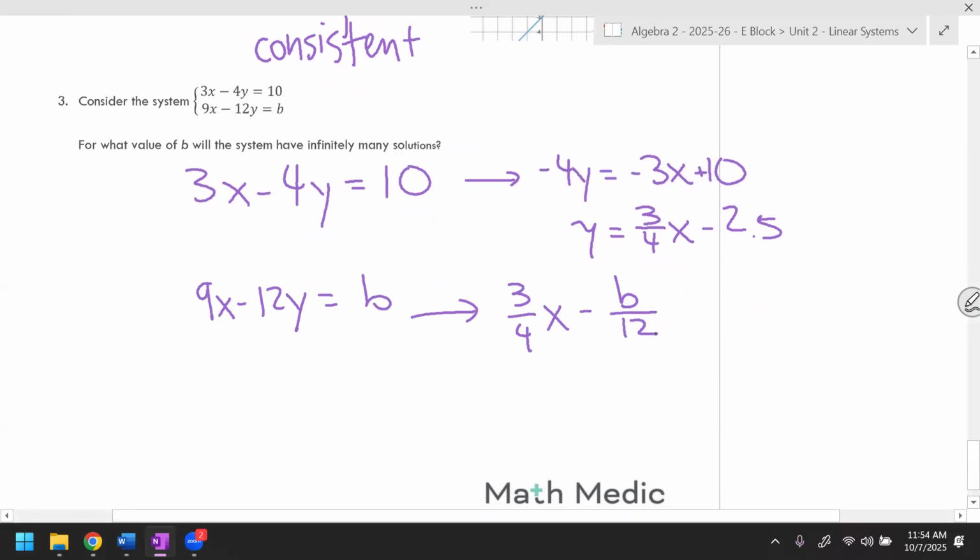That's what you did? So if b equaled 30, you got that b over 12 is negative 2.5. And so therefore they would have the same y-intercept, and they'd be the same line.